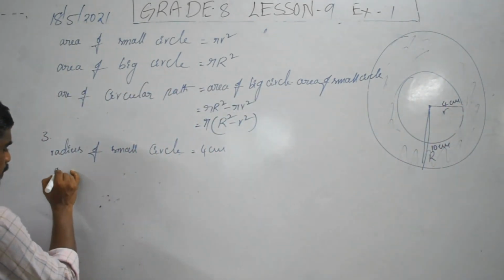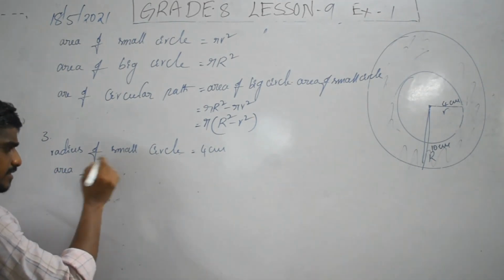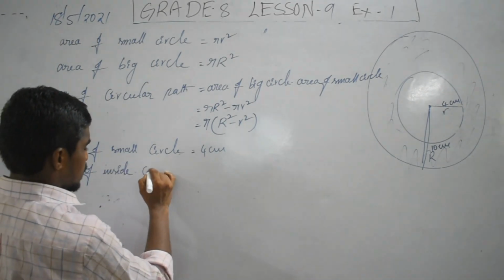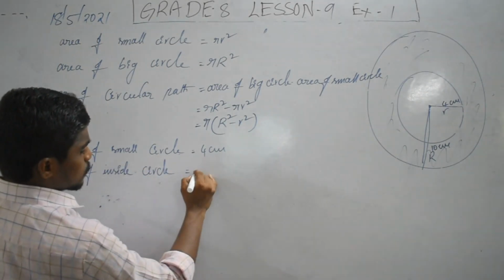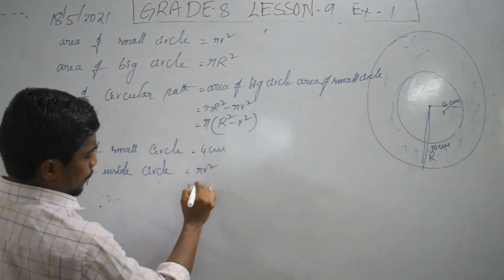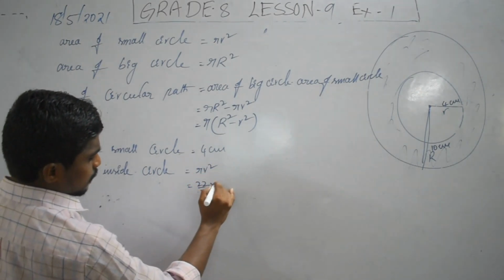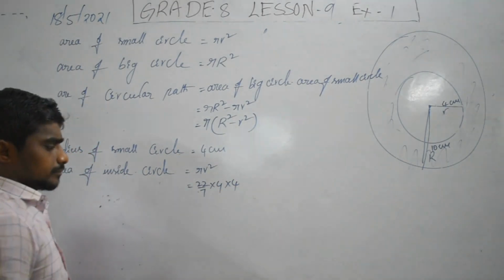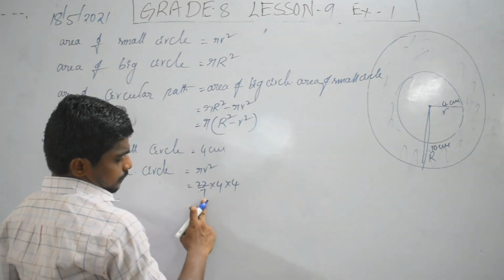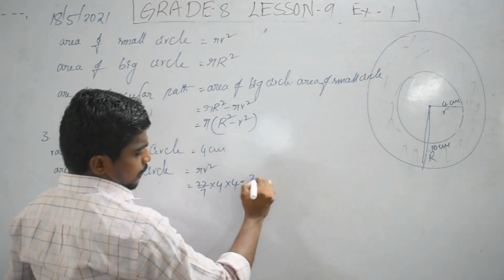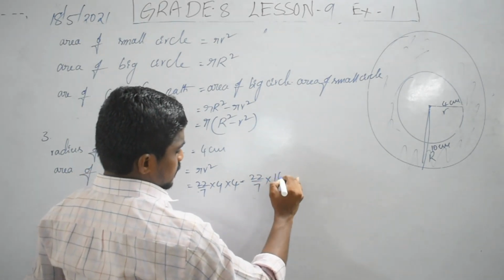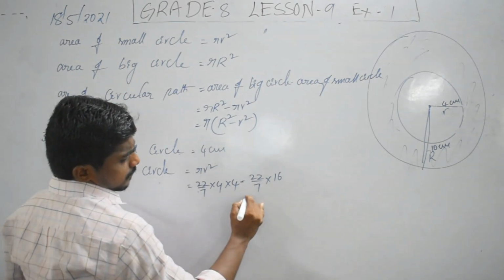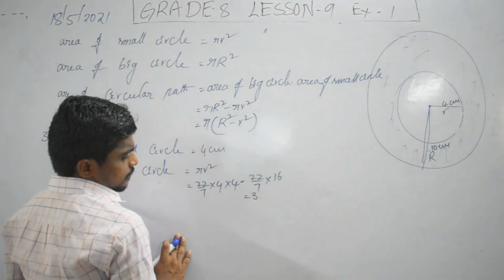So area of the inside circle or small circle is pi r square. Pi 22 by 7, 4 times 4, how much? So 22 by 7 times 16. Their value 3.1.